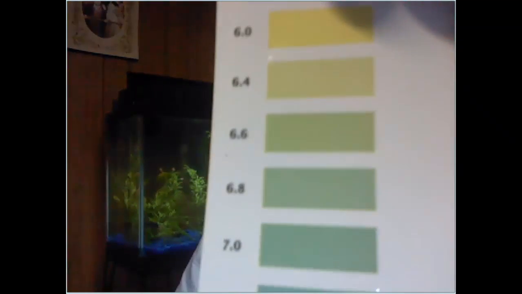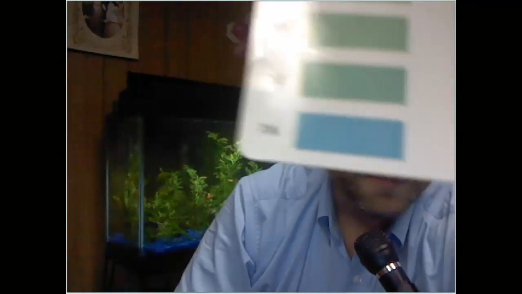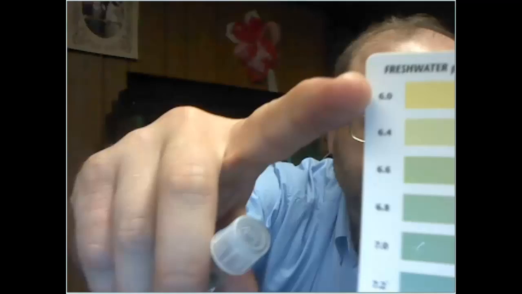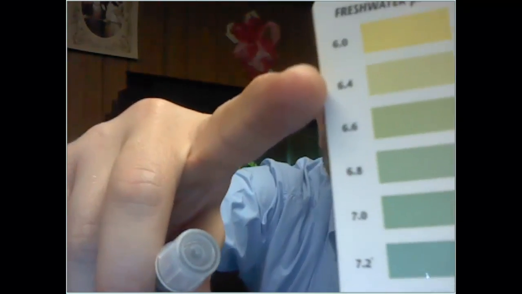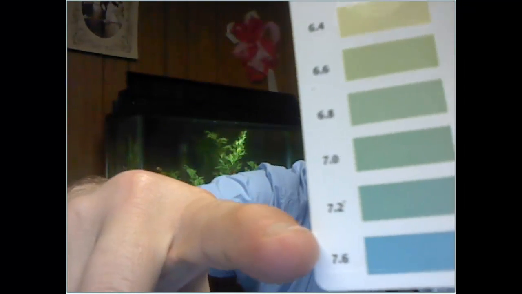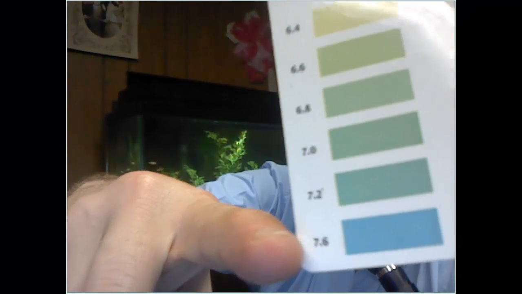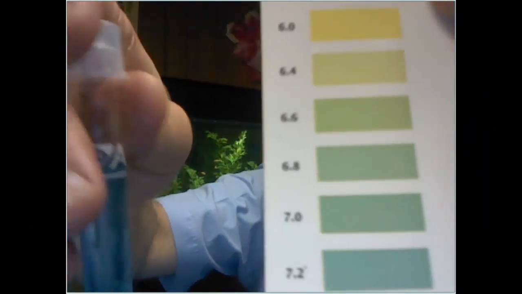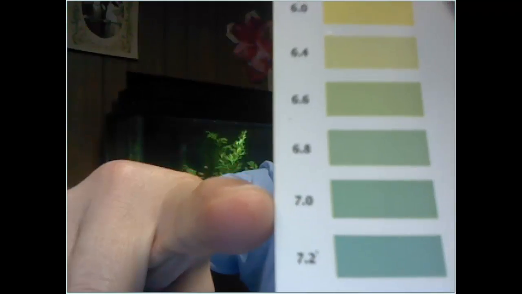And mix. Now these are the colors that it could be. If it's in this range over here, that means acidic, which is bad. If it's more in the bluish range, which is what it was when my fish died, that's also bad. You want it neutral, which is 7, which is good.